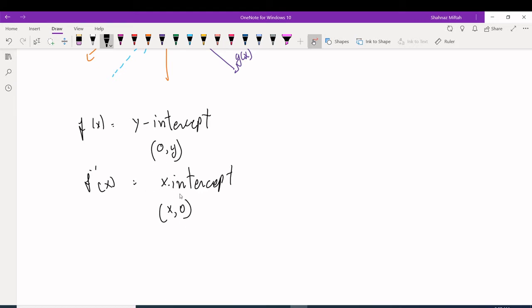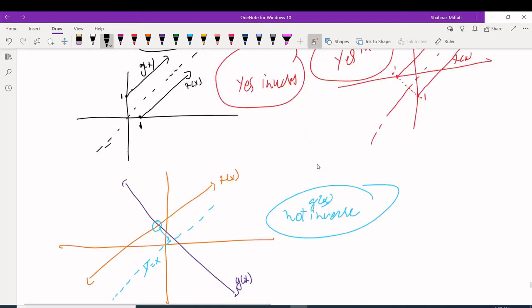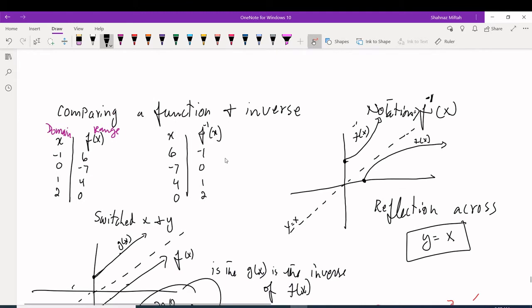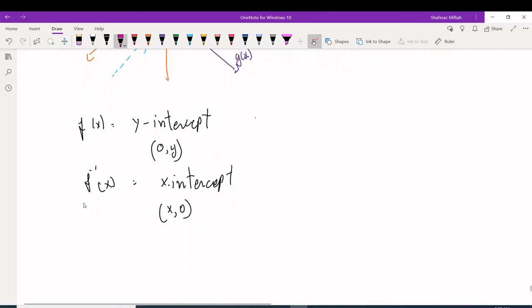So we switch that. Now, for example, in the table that we had before up here, what is my y-intercept for the f of x function? Y-intercept means when you have x equal 0. So if you check this out, this is my y-intercept, right? So I'm going to write my f of x has a y-intercept (0, -7).